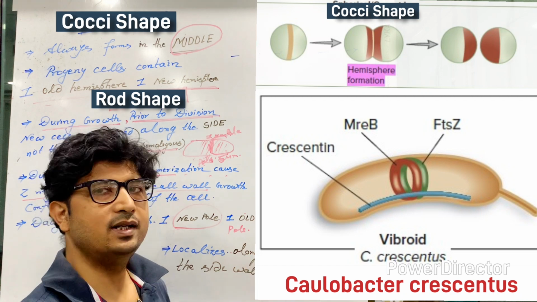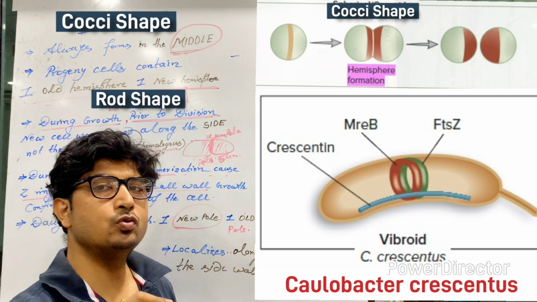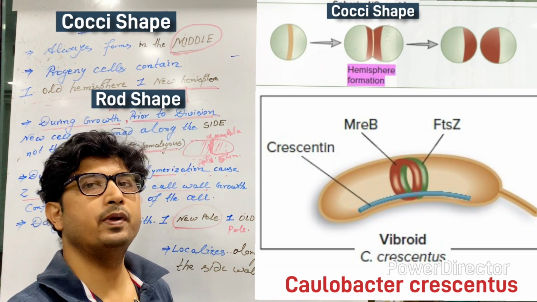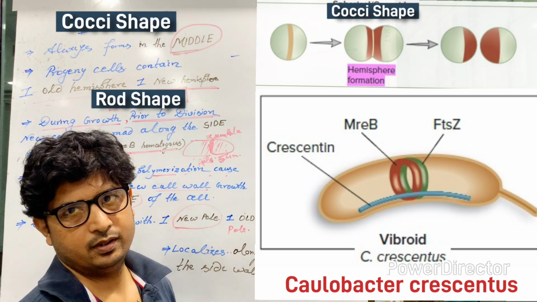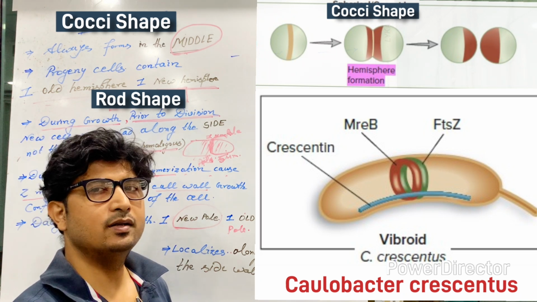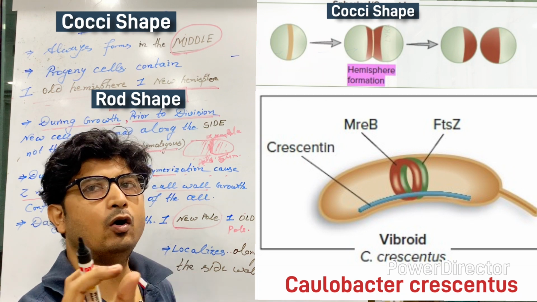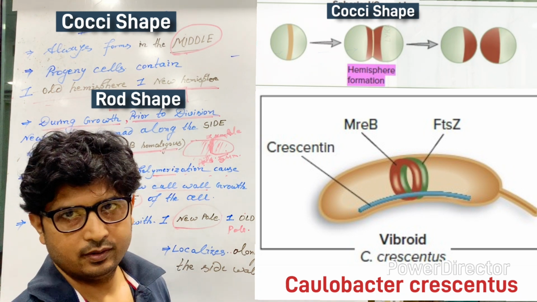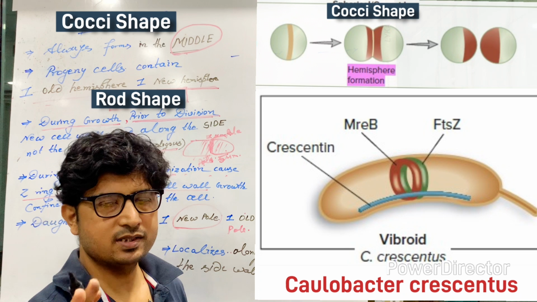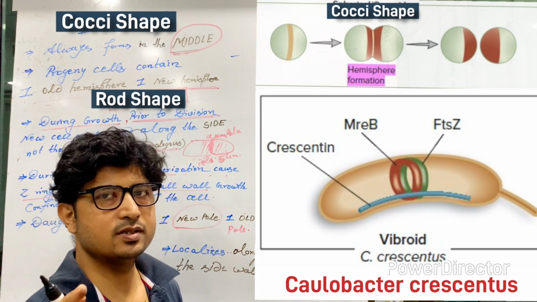But in case of crescentin, its function is to slow the process of peptidoglycan synthesis. Suppose in 1 minute, the natural addition of peptidoglycan is 10 NAG or NAM units. Suppose this is not the case, I am telling you to make you understand.